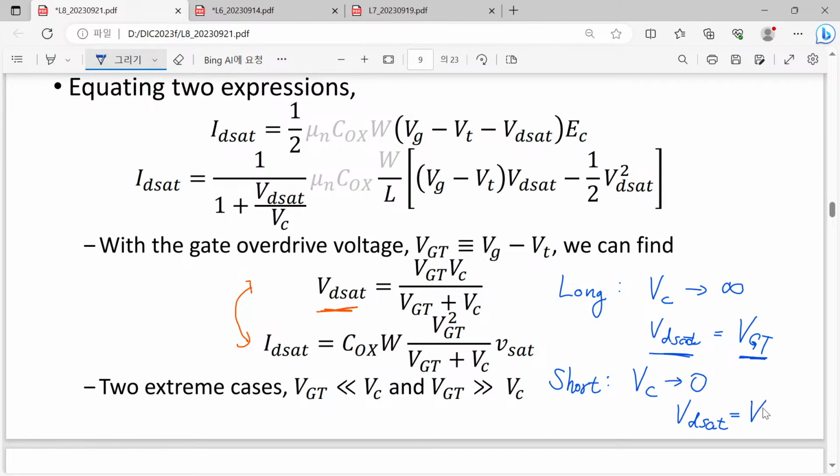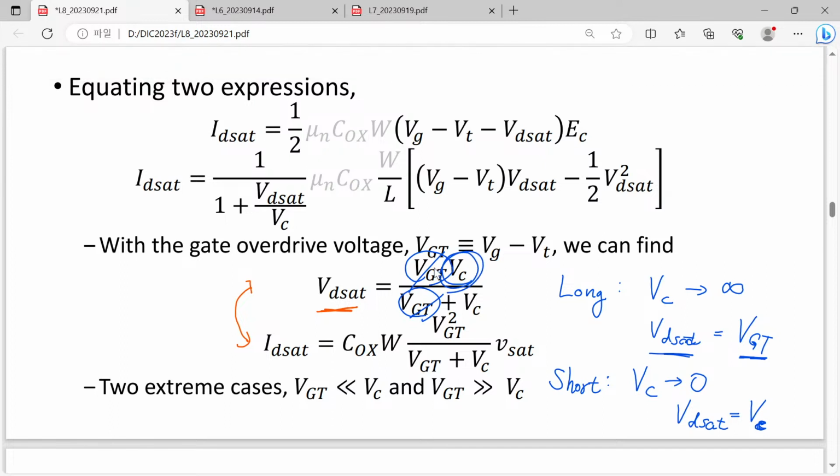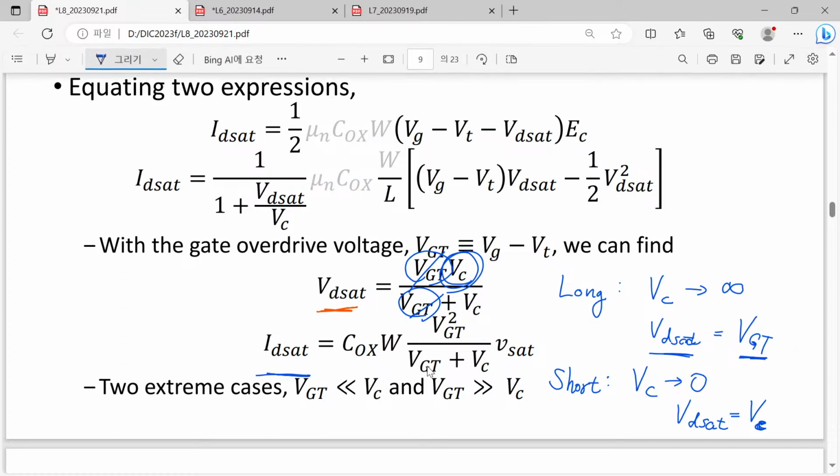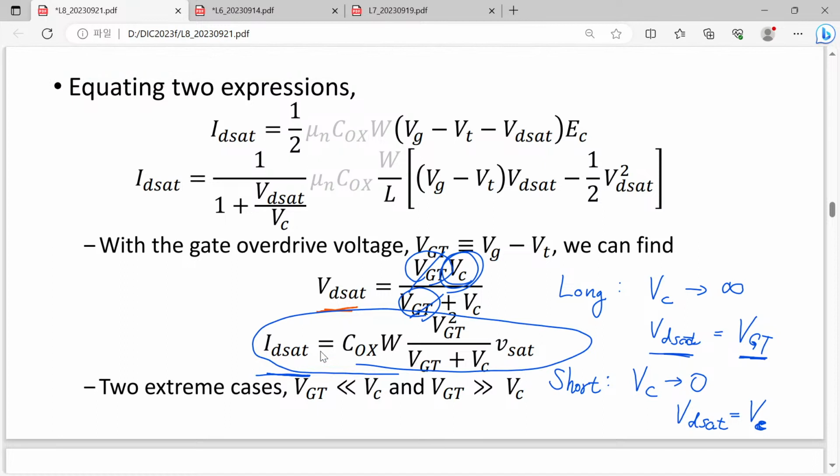Just the critical voltage, because now the gate overdrive voltage is much higher, so they cancel out. Now we have this form. Well, let's adopt this term. So then our saturation current is given by this term.